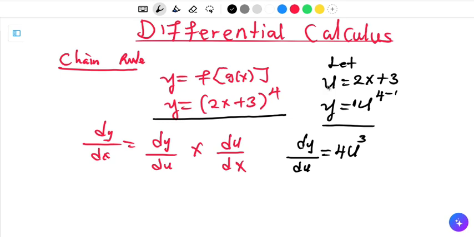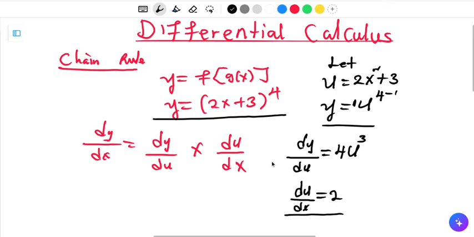What about u with respect to x? So du/dx is going to be equal to, here we have 1 multiplied by the coefficient there, we are going to get 2, then 1 minus 1, that is 0. The derivative of a constant number is 0. So this is our du/dx.